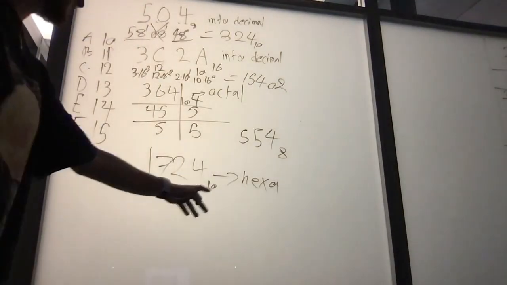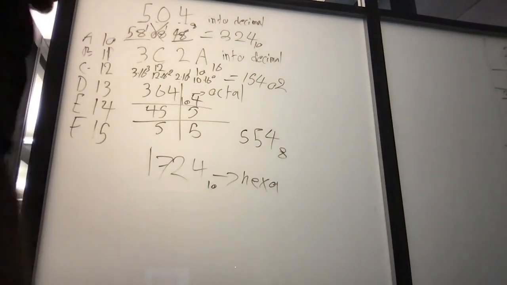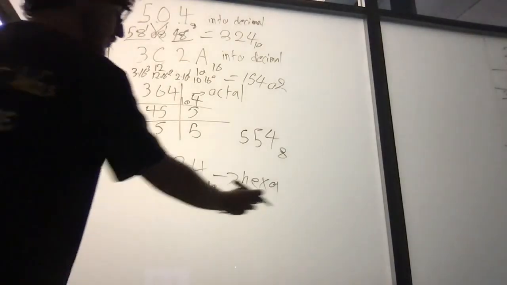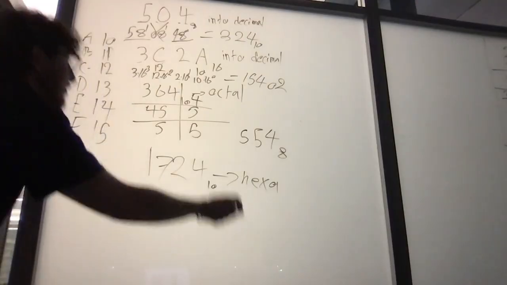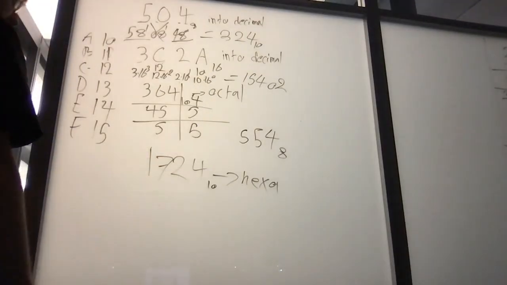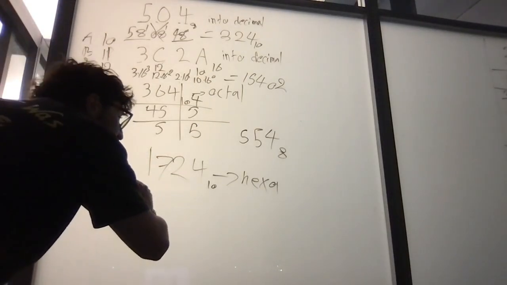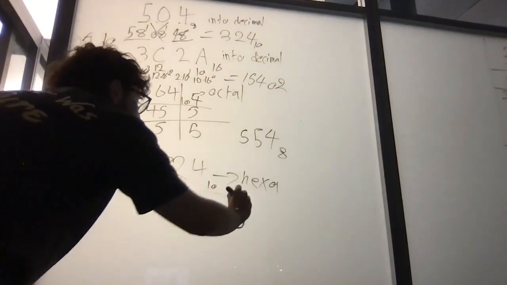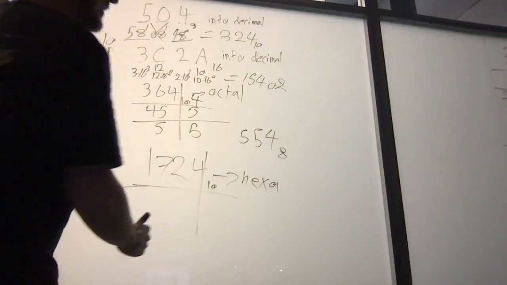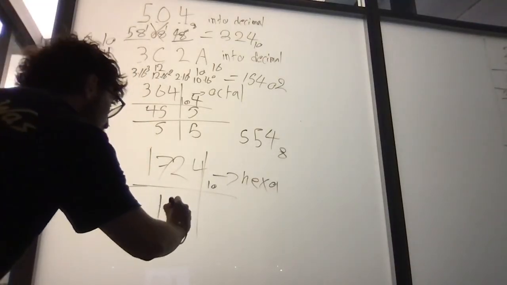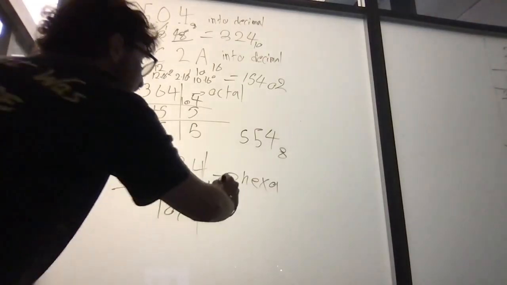And for 1724, that's our hexadecimal problem, from decimal to hexadecimal. And this one, hexadecimal, deals with the weight of 16, so we're gonna have to divide this one by 16. Same concept kind of in here, but we're working with 16 here. Once we divide by 16, we get 107 and a remainder of 12.